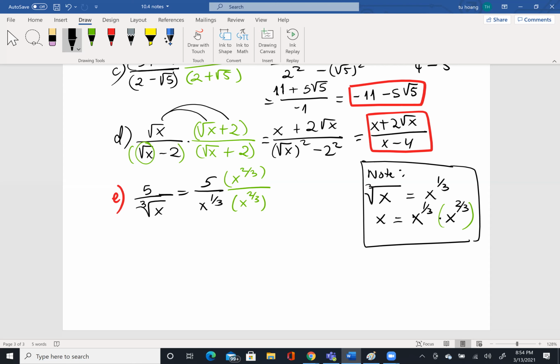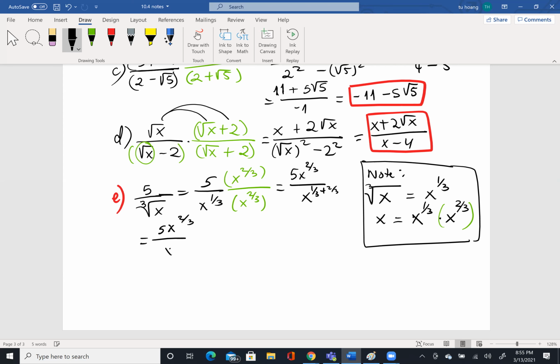And now I'm going to have 5 times x to the power 2/3 divided by x at the bottom, or x to the power 1/3 plus 2/3. And then you have 5 x to the power 2/3 at the top.